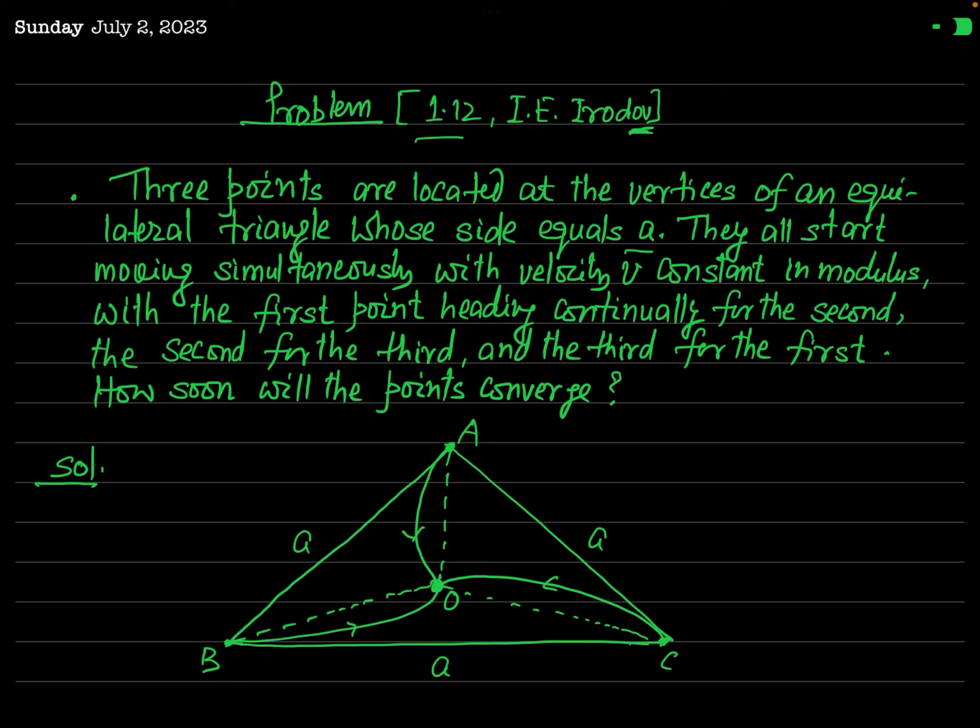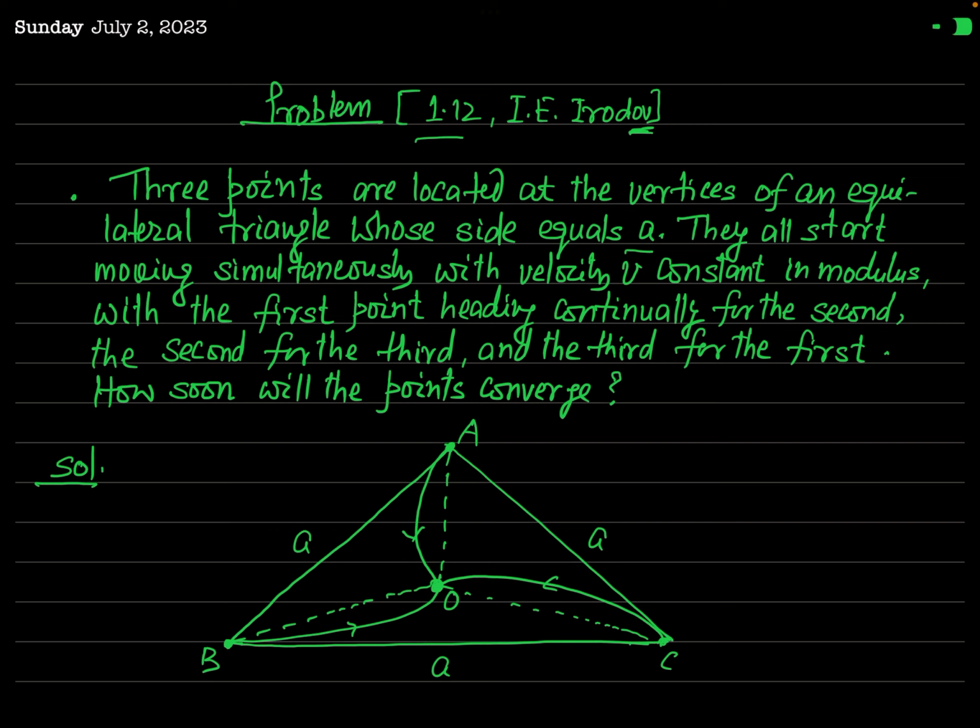So in the first method, let us take into account the motion of the particle which was initially at B. This particle starts moving from B and reaches this point O, where it meets the other particles.